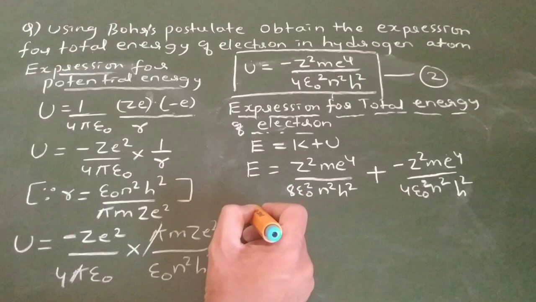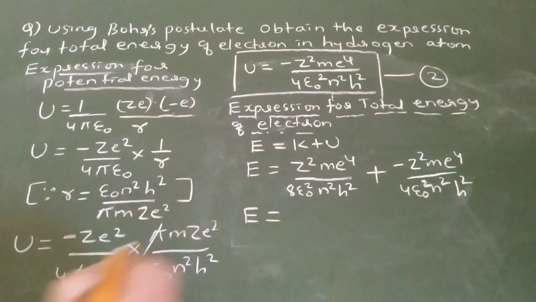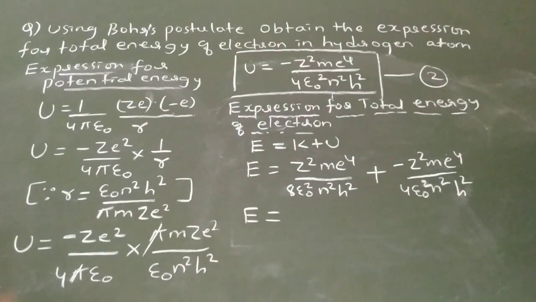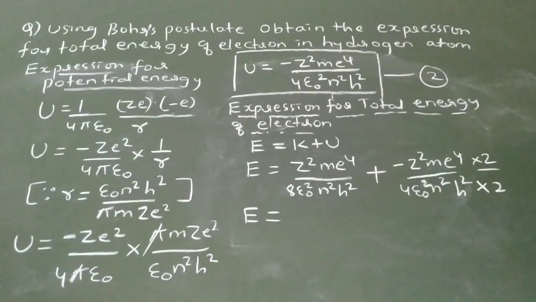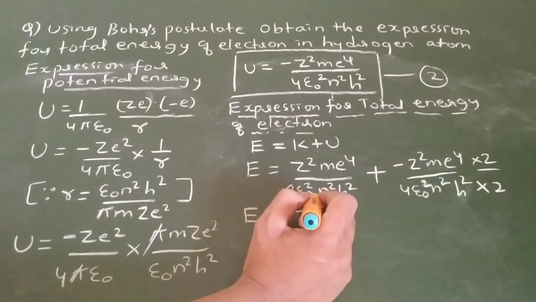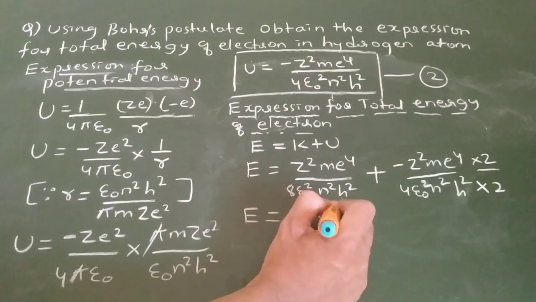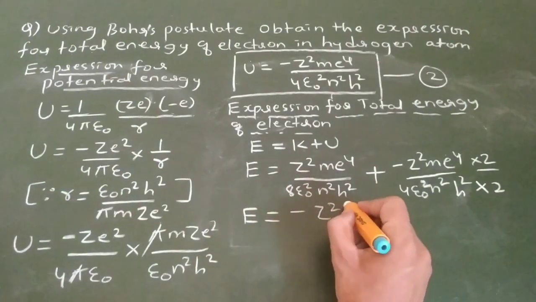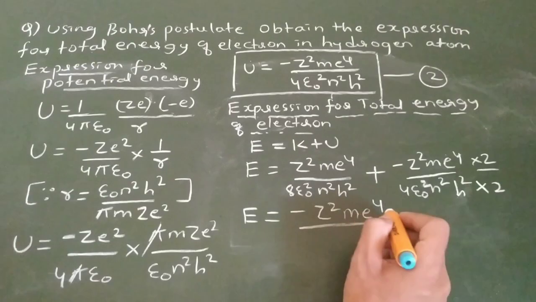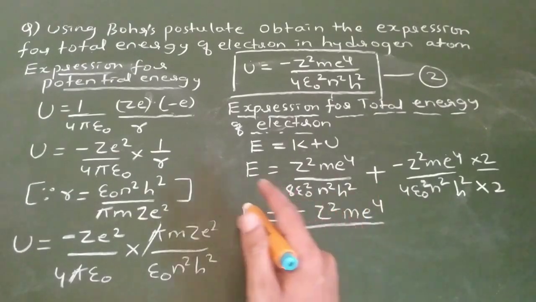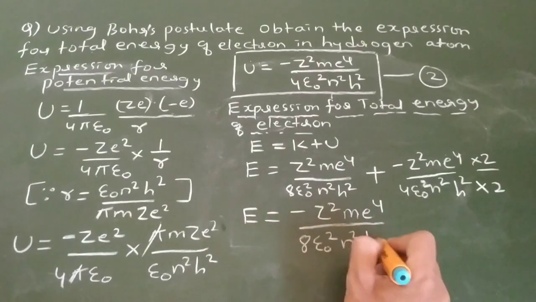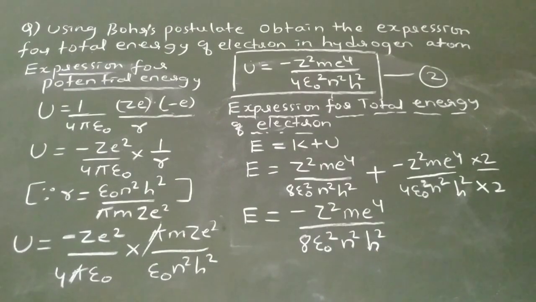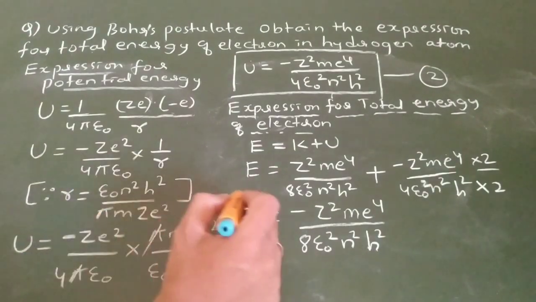So total energy will be, multiplying here by 2 to have the same denominator, minus Z square m e to the power of 4 divided by 8 epsilon naught square n square h square. This is the final total energy of an electron.